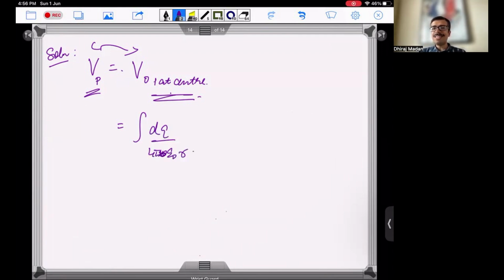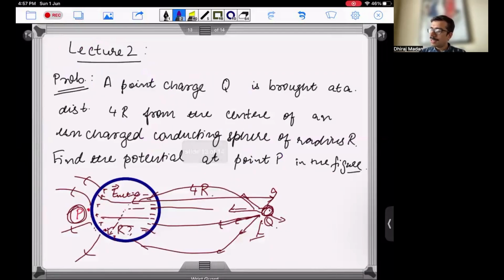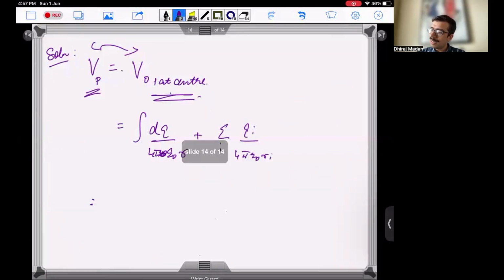Or if there are discrete charges, then it's the sum over i of qi over 4 pi epsilon naught ri. Now we have one discrete charge which is at a distance of 4r from the center, so this is going to contribute q over 4 pi epsilon naught times 4r.